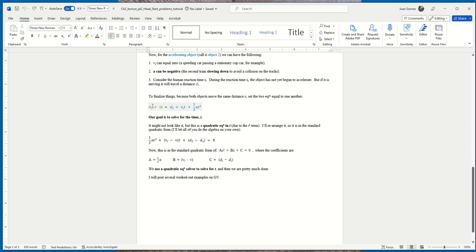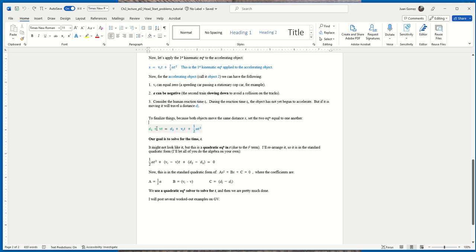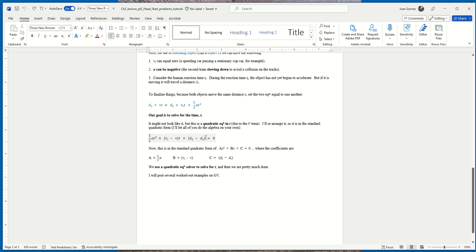Set those equal because both objects travel the same distance x. Our goal is to take this equation and solve it for t. Using basic algebra, you rearrange this equation into a quadratic equation in t. The algebra steps are trivial. This is what you get.